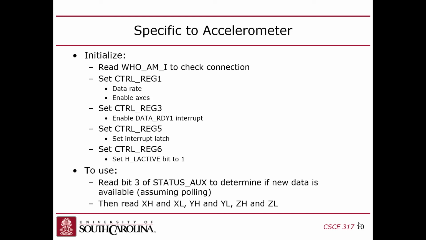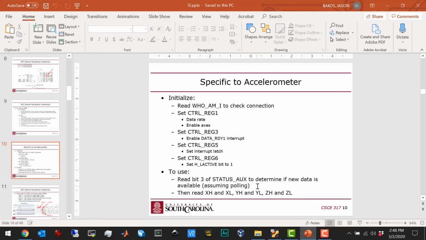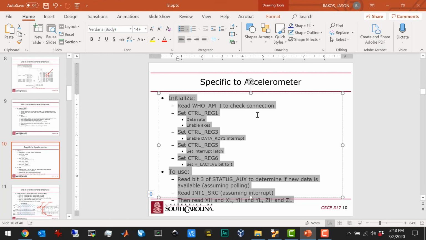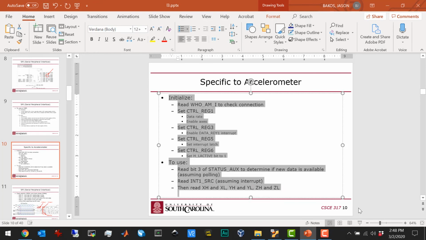It's int1 source, the register you have to read from, and the data sheet mentions this too. Sorry, I actually left that out, so let me add that right now. Because if you don't read from int1 source, the device never knows that you have seen the interrupt. Then that alerts the accelerometer that you've seen the interrupt, you're good, it can continue collecting data.